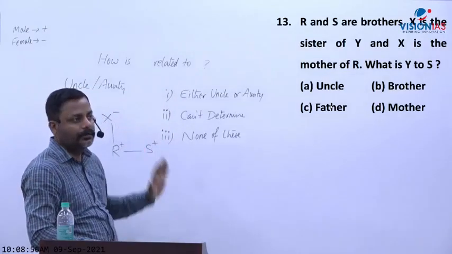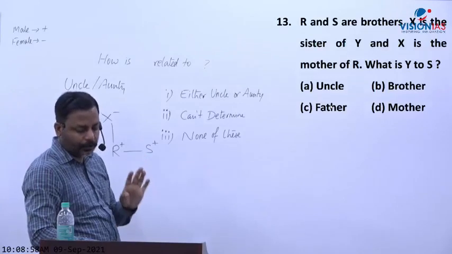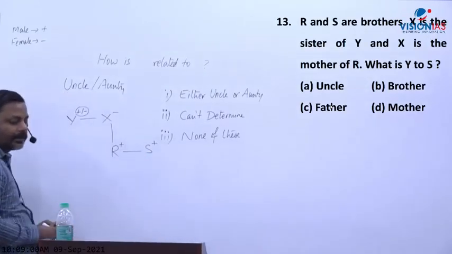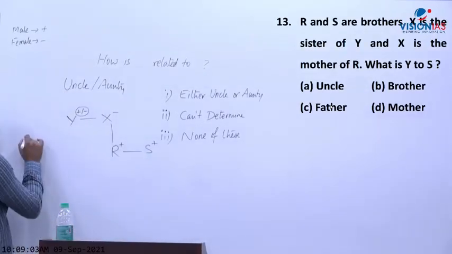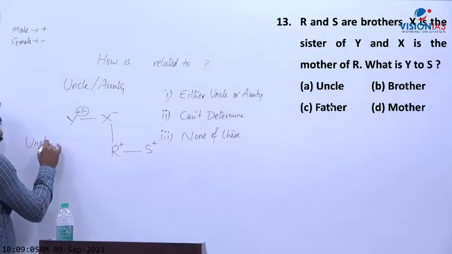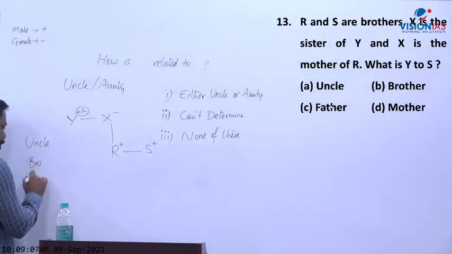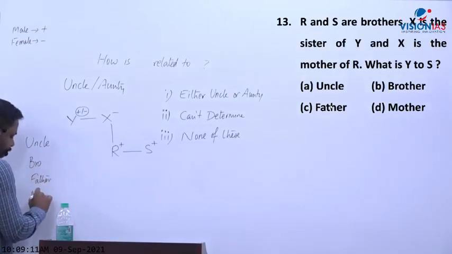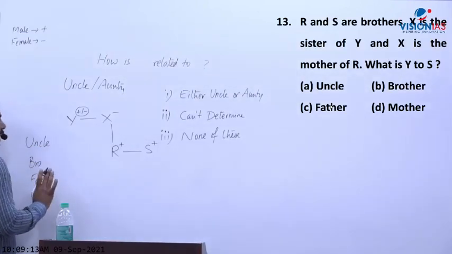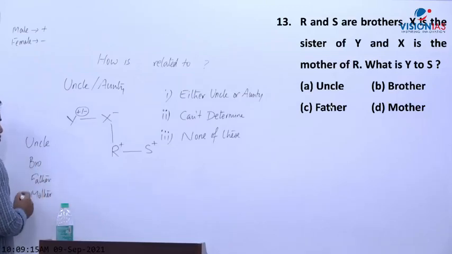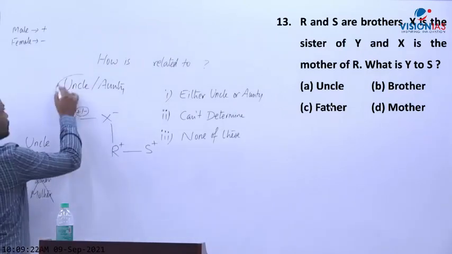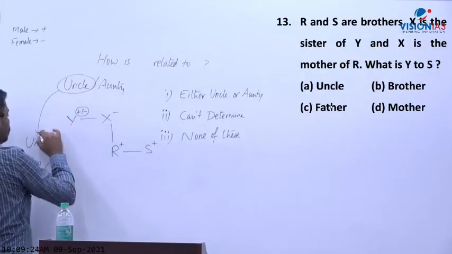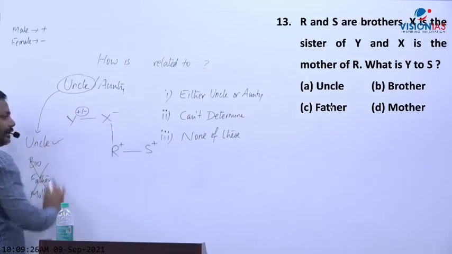So either uncle or aunt is not there, cannot determine is not there, and none of these is not there. We are getting four options: uncle, brother, father and mother. We know clearly that three of these options are definitely wrong, and since there is a possibility of being uncle, this can be one of the possible answers.